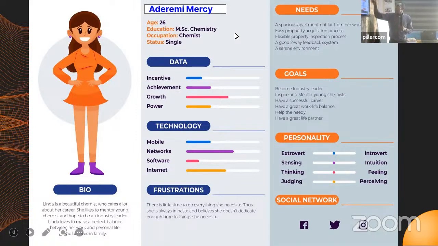So she wants a flexible property inspection process. She wants the inspection for this property to be very flexible for her. A good two-way feedback system. She wants good communication between the agent or the real estate company and her. And she likes a serene environment. This is what she likes, and these are her needs.